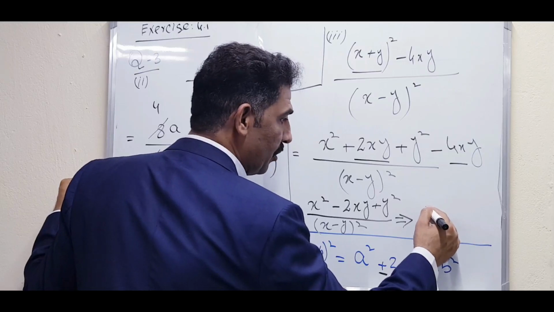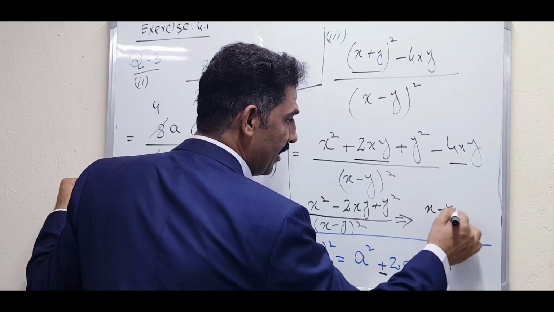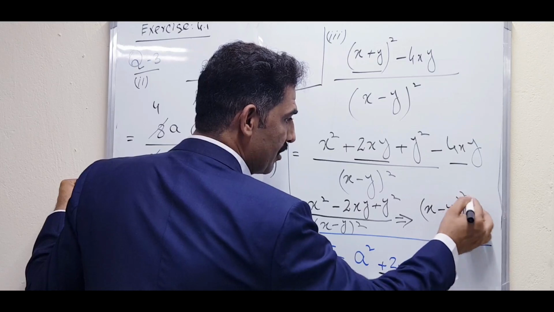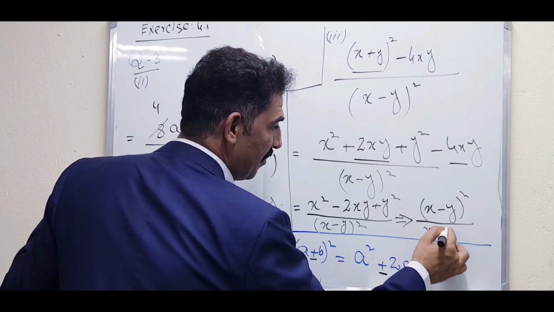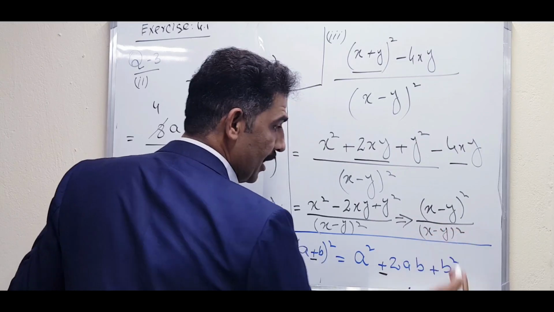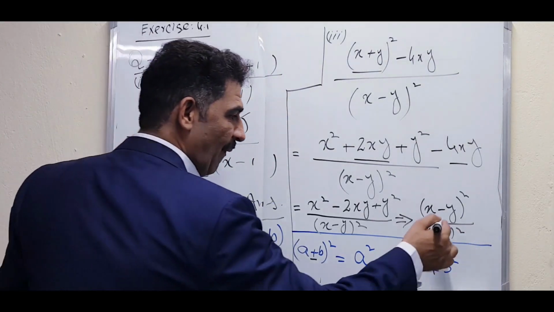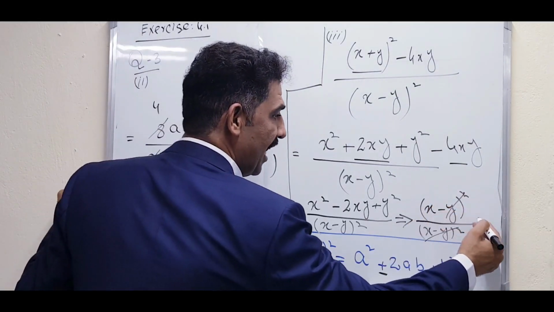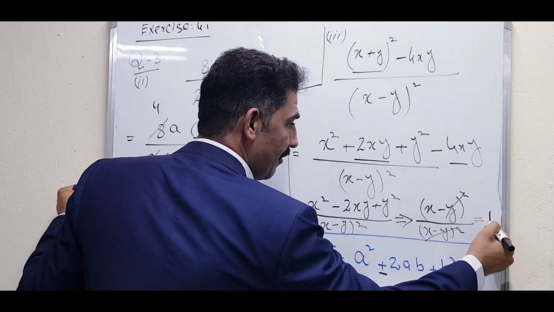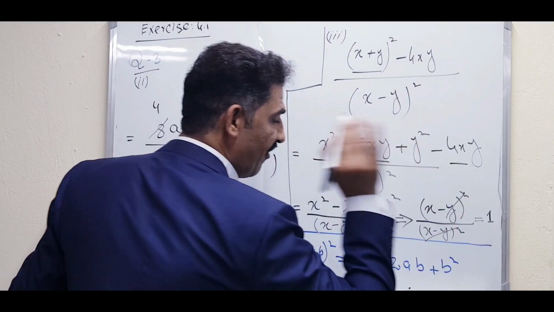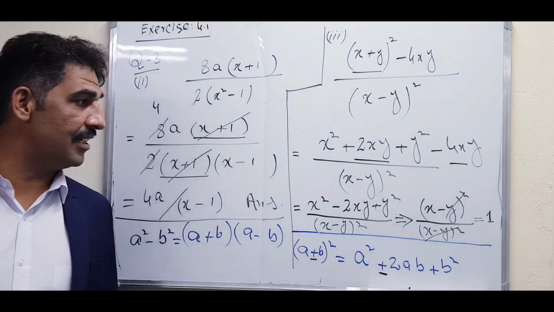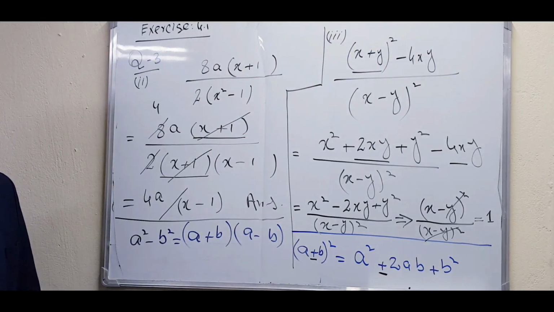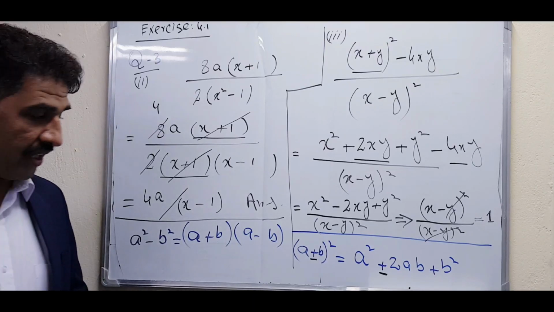We can write x minus y whole square over x minus y whole square. Both are the same. Good. We can cancel, and that is our final answer, 1. After simplification, what do we get as the answer? 1.